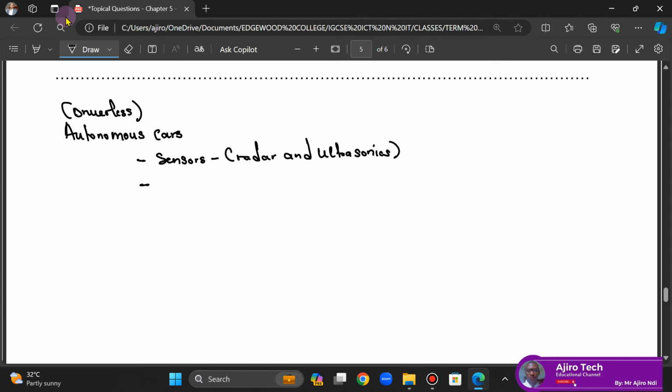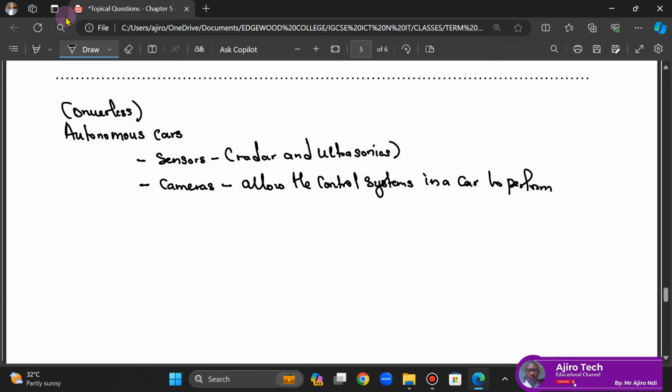And for your cameras, they allow the control system in a car to perform critical functions.